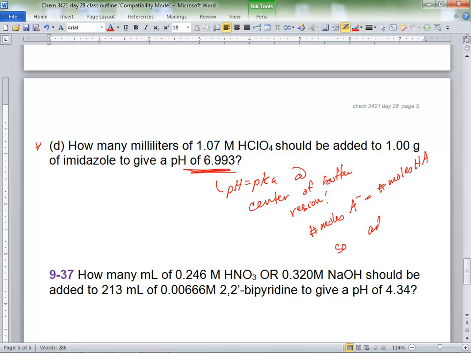So add enough HClO4 to react with half of the imidazole. And that's where you stop. So we're about out of time.